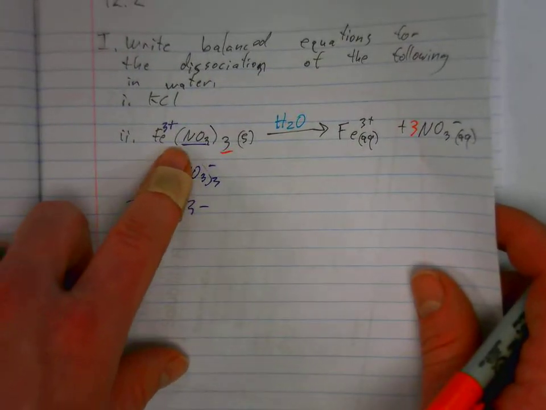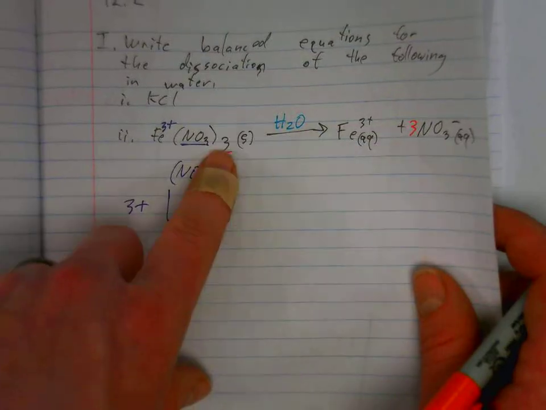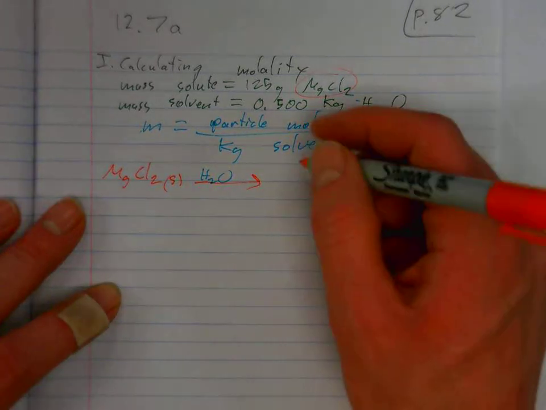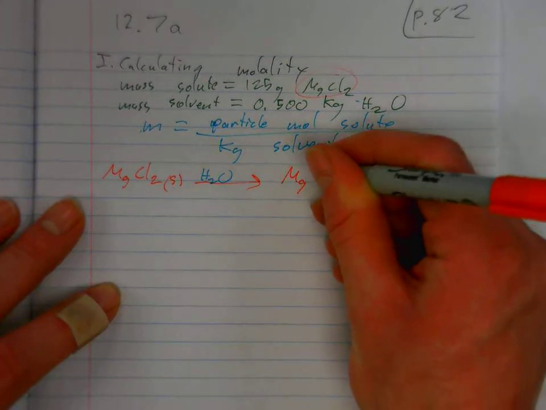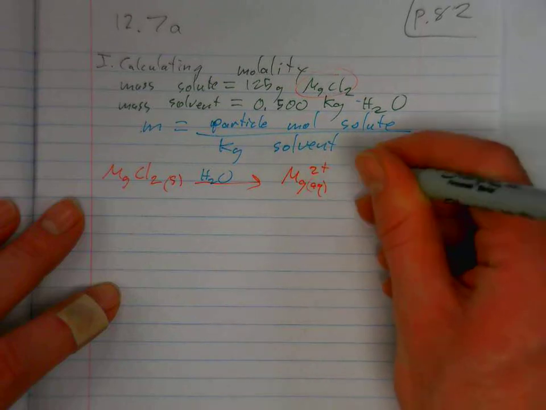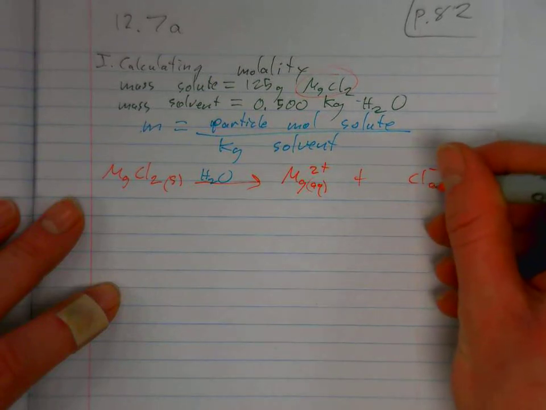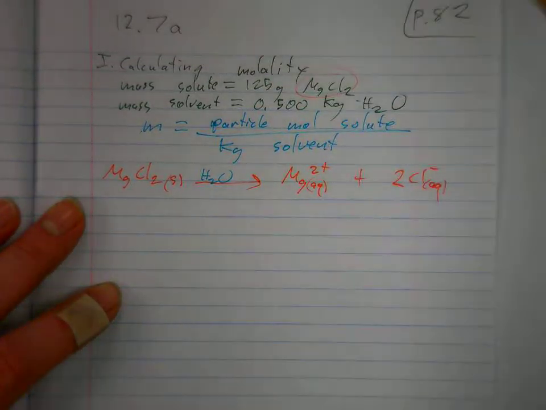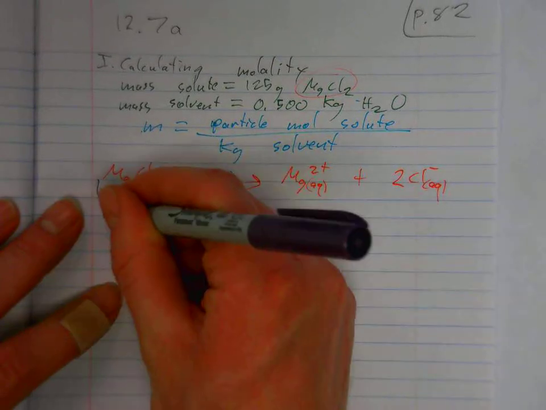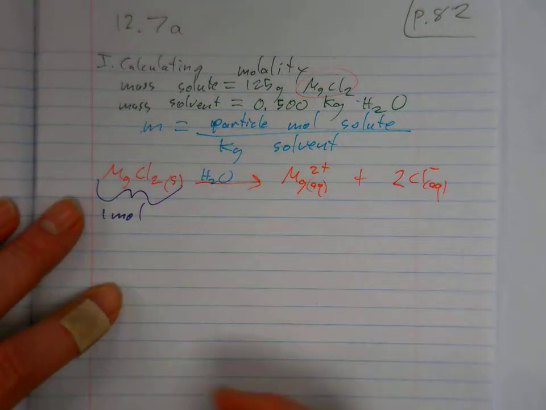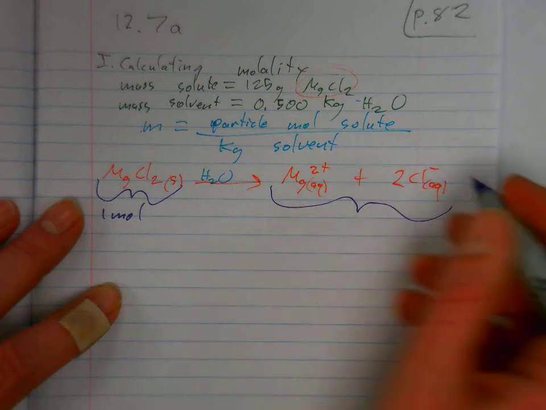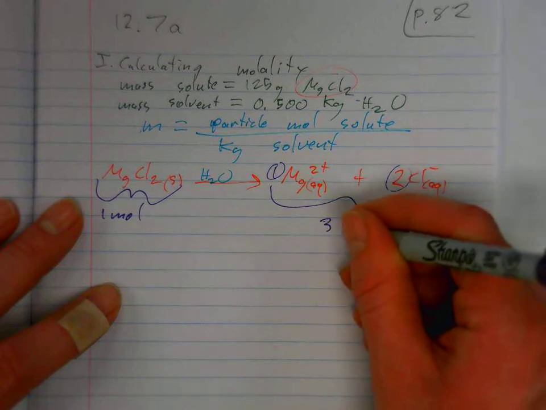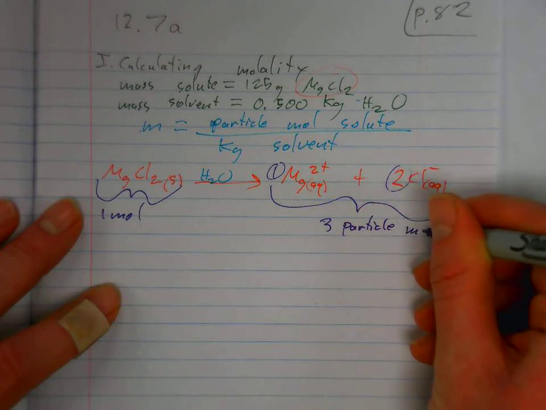So it breaks up into Mg 2+ ions and chloride ions. There are 2 chlorides, however. So in total, 1 mole of the compound MgCl2 broke up to make a total of 1 here plus 2 more there, or 3 particle moles. So 1 mole of MgCl2 equals 3 particle moles.